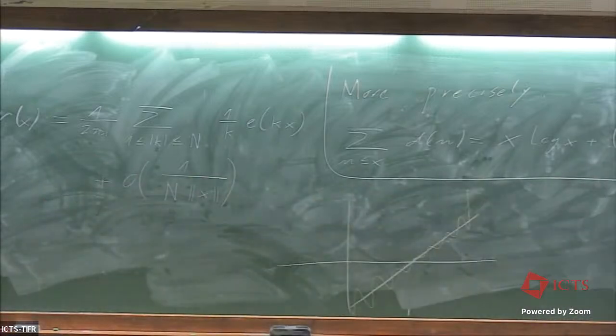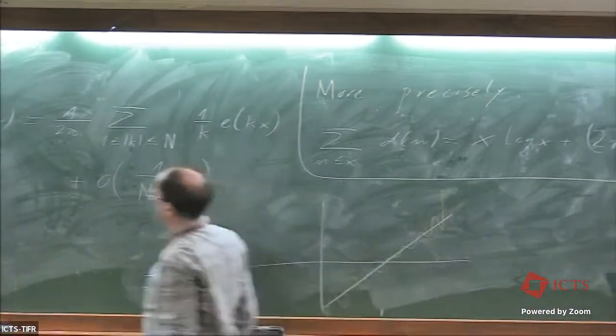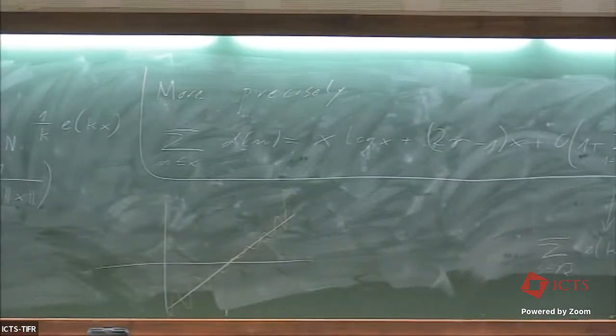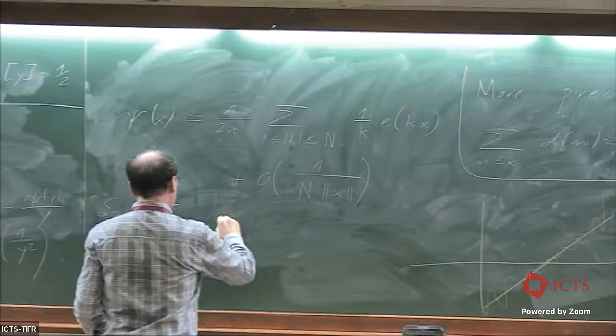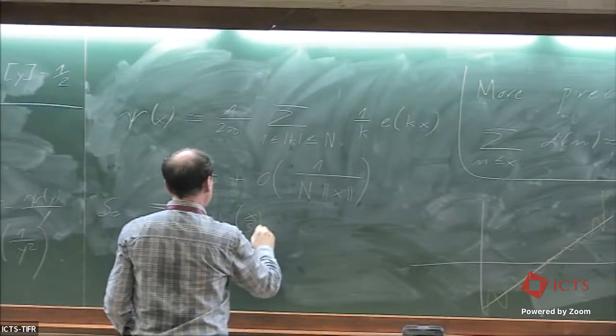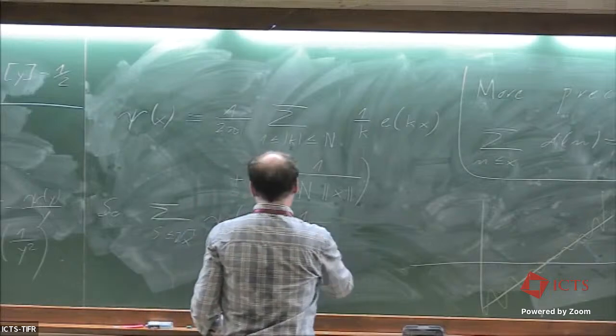Now, this gives already a possibility to rewrite this error term here. So the sum over s less or equal square root x of psi of x divided by s is equal to 1 divided by 2 pi i.